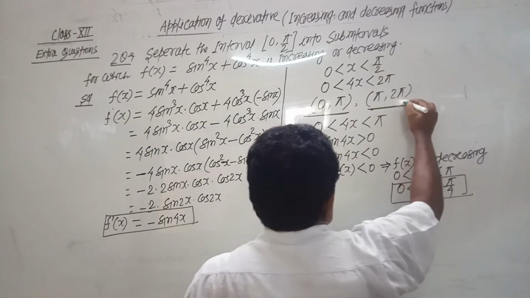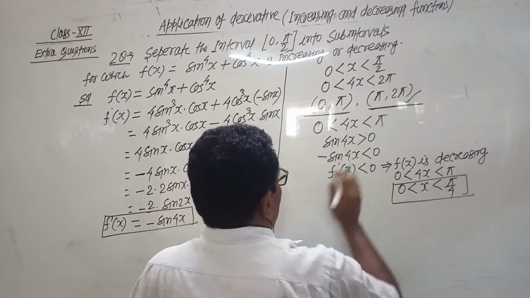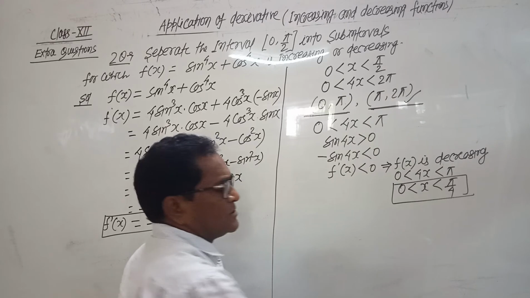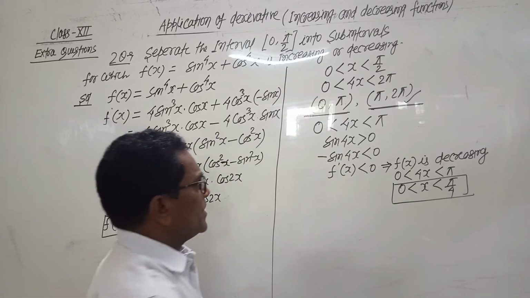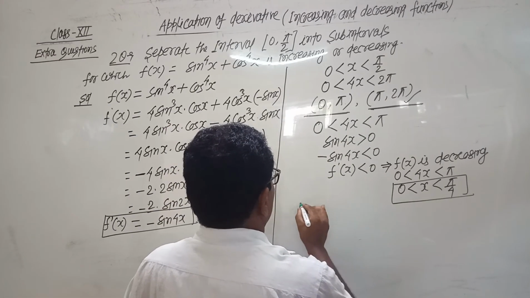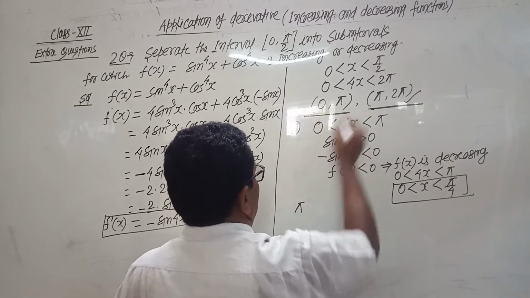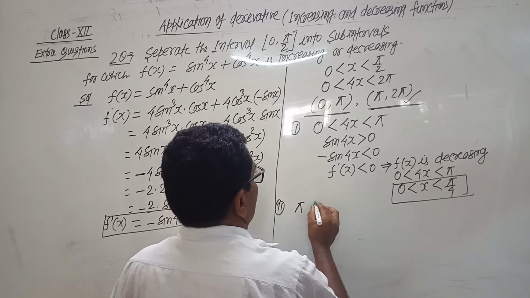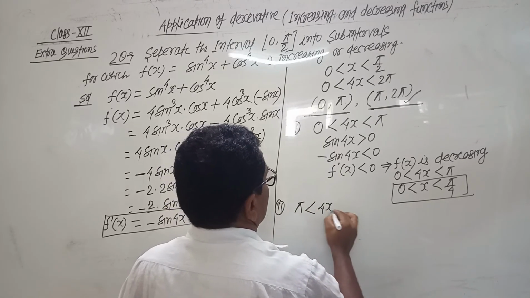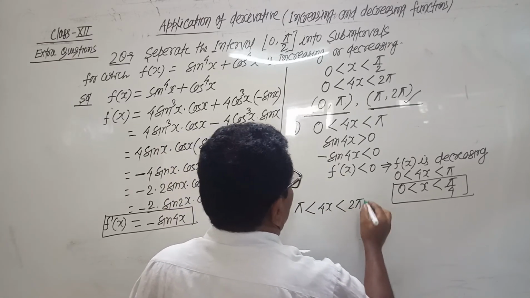Now for the second interval, the value of 4x lies from pi to 2 pi. This was the first part and this is the second part: pi is less than 4x is less than 2 pi.